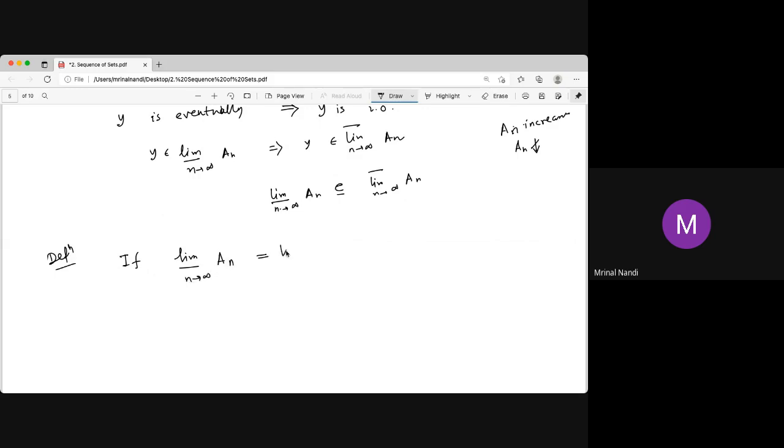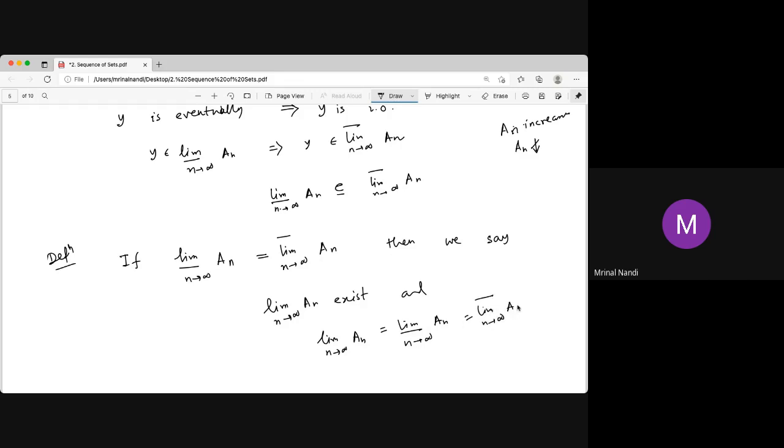But if it is same as lim sup, then we say the limit as n tends to infinity of A_n exists, and we say this limit is just the lim sup or the lim inf, because they are same. So if these two are equal, then that set is called the limit set.